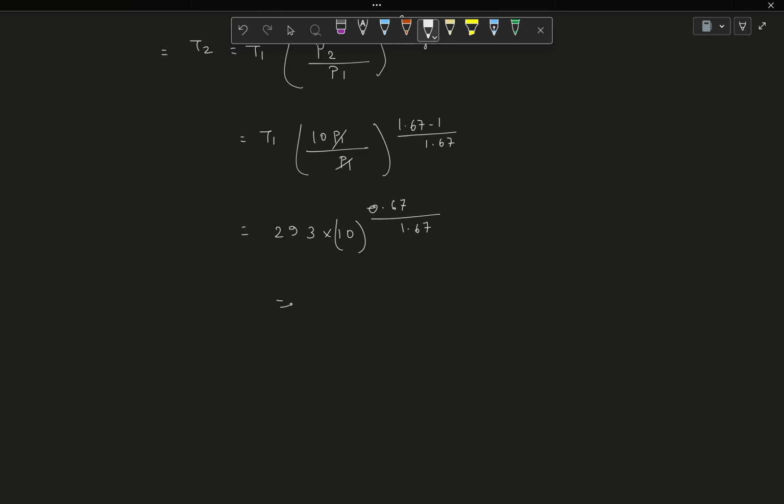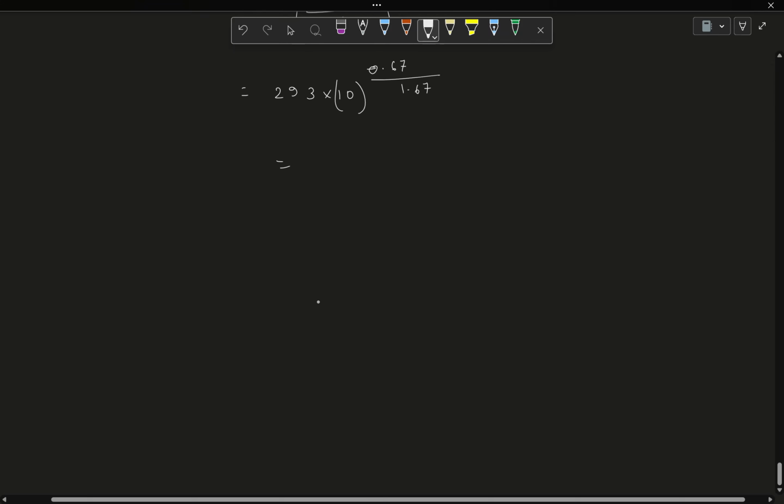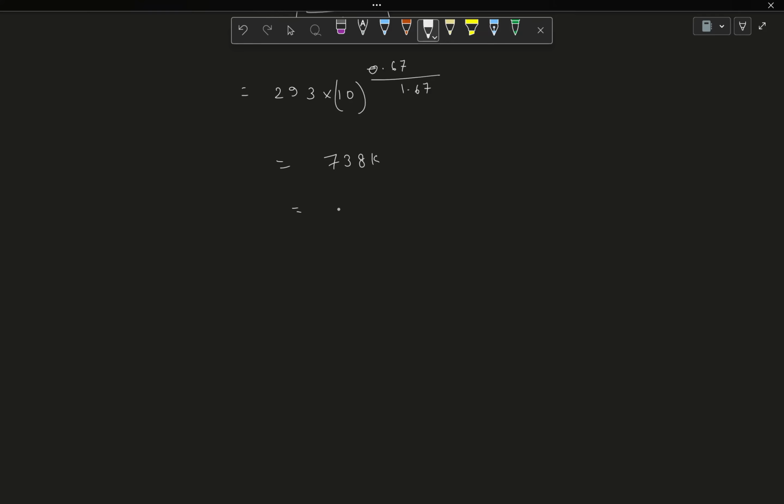Now if you use your calculator, this is a simple calculation that will give you 738 Kelvin. From here you have to convert into degree centigrade. So this is 738 minus 273, which is roughly 465 degree centigrade. So this is your answer.